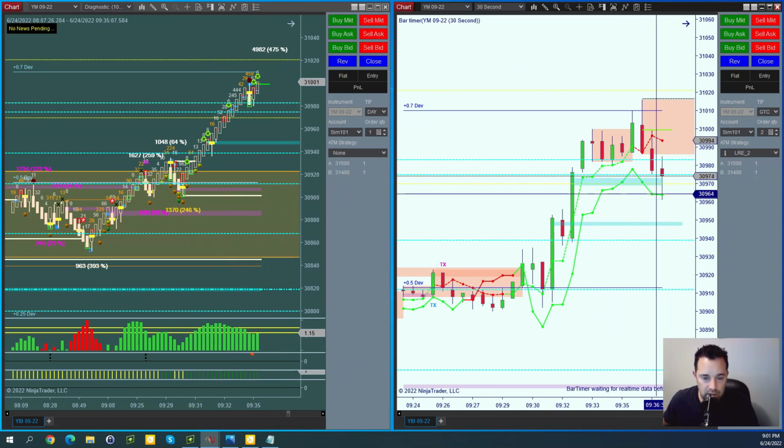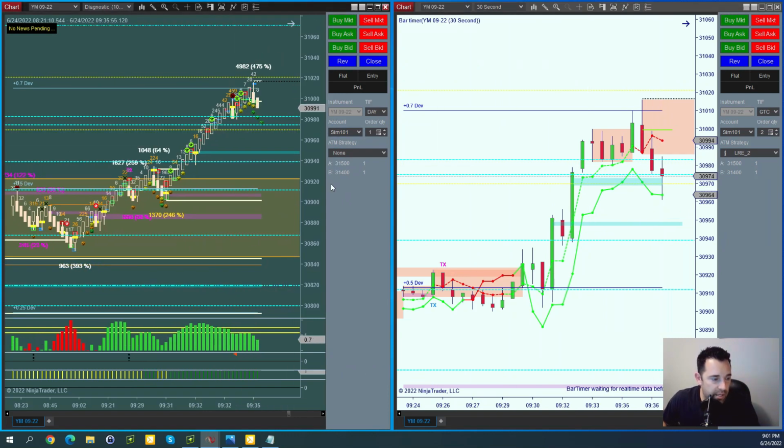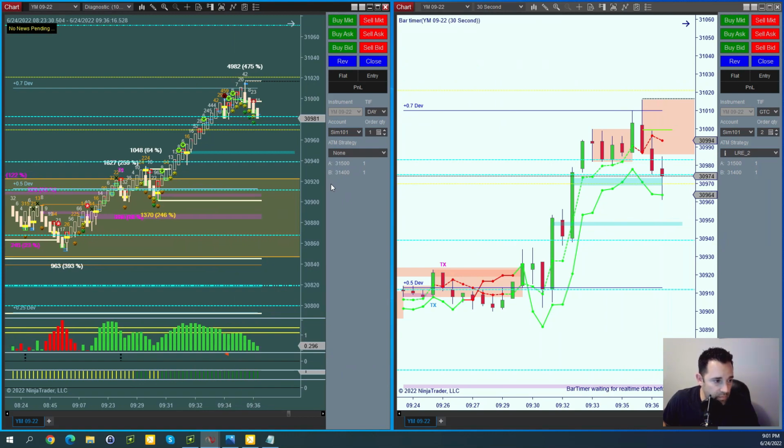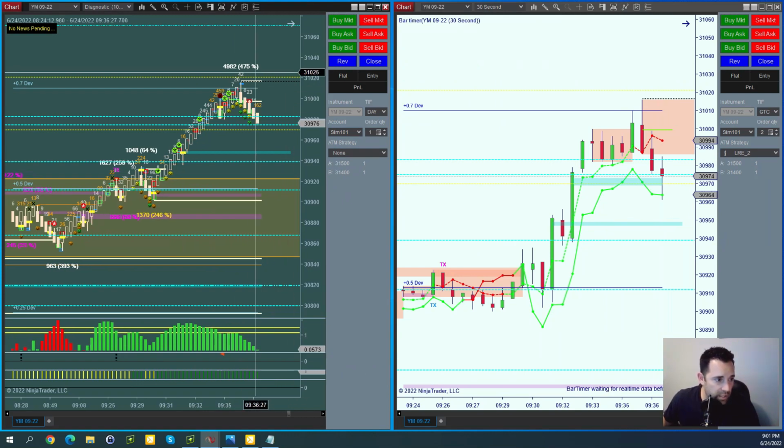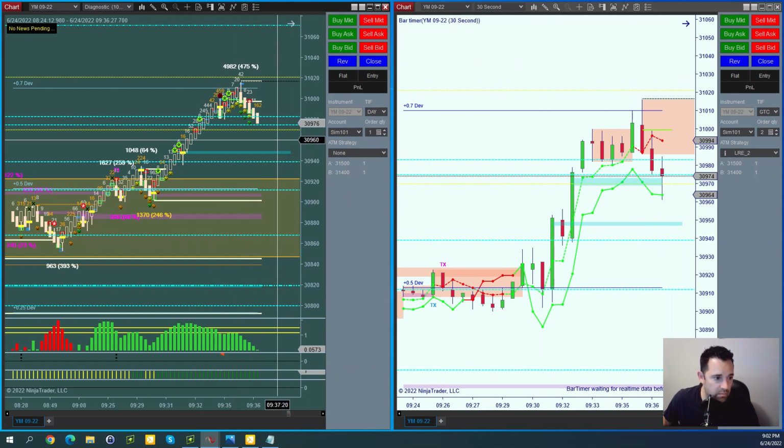Right there. 964 would be my entry. So let's see what happens there. As this is coming down, the 10 tick, it leaves this mini magnet up here, kind of pushes off. And I said my entry would be at about 964, which would be here.